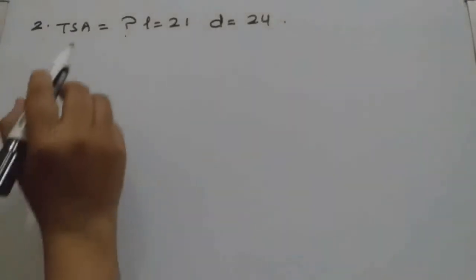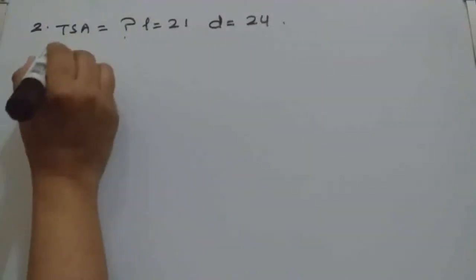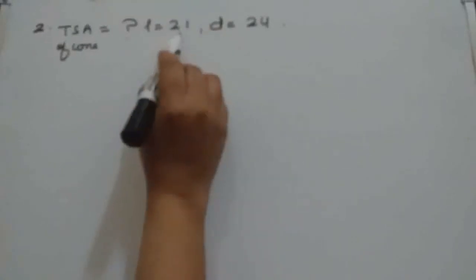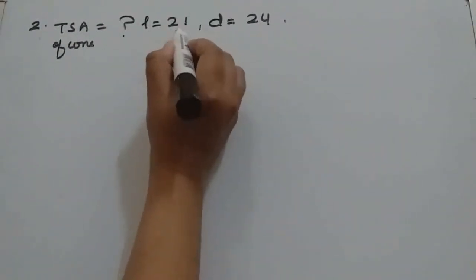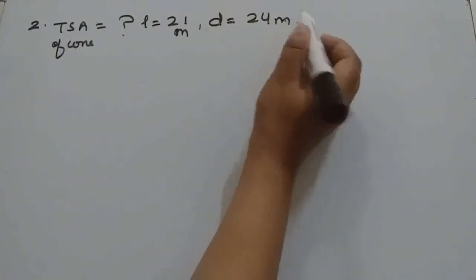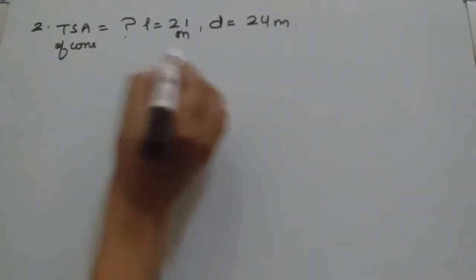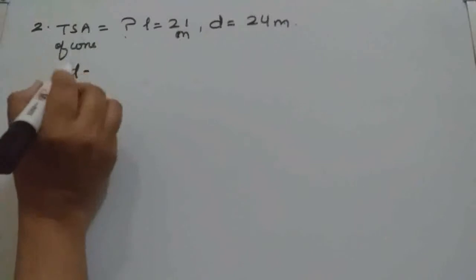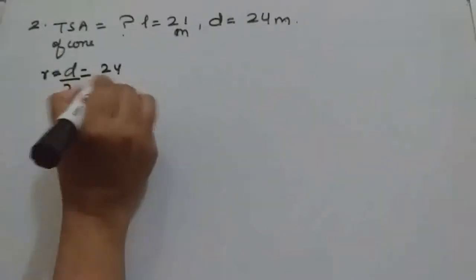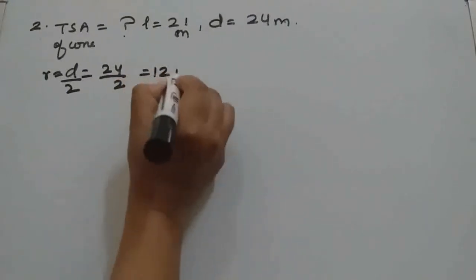In question number 2, TSA of the cone we should find. L, that is slant height, is given 21 meter, and diameter of the base is 24 meter. Okay, so we know from diameter we can find radius, isn't it? So 24 by 2 means 12 meter.